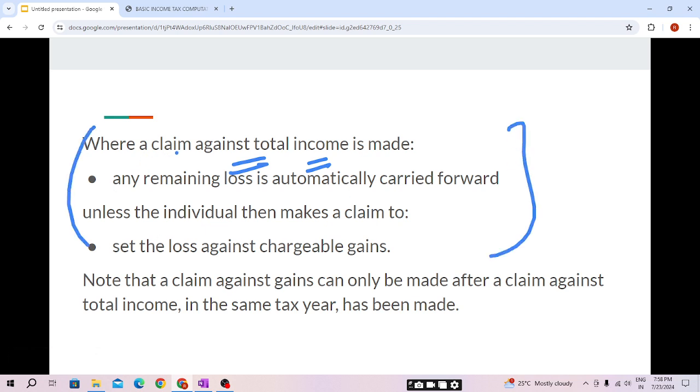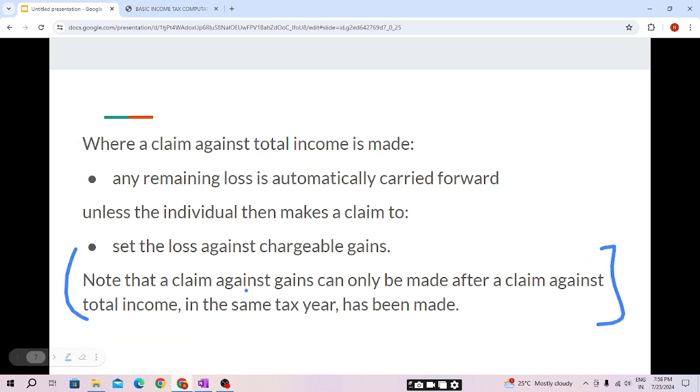Where a claim against total income is made, any remaining loss is automatically carried forward unless the individual then makes a claim to set the loss against chargeable gains. One important point to note is that a claim against gains can only be made after a claim against total income. So to make a claim against the chargeable gains, first we need to make a claim against the total income of that year.